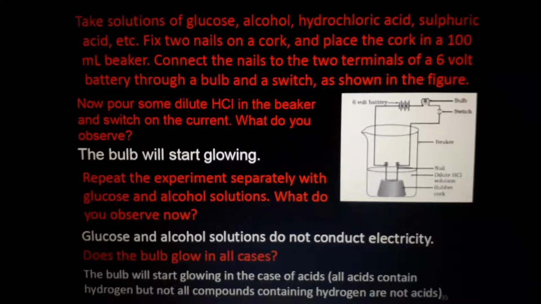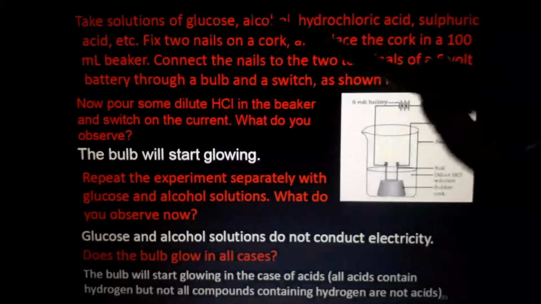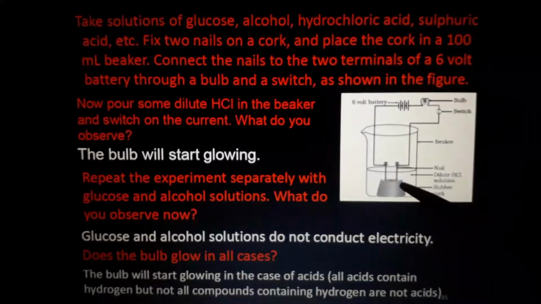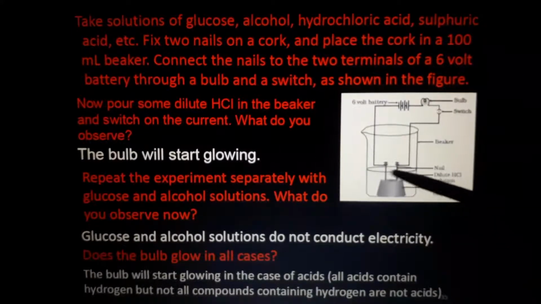In the formula, they look like acid, but they cannot release hydrogen ions. That's the difference. That's the importance of this part. It is also an application level. See, with glucose and alcohol, the bulb will not glow. If you are using hydrochloric acid, this circuit will become a closed circuit, because hydrochloric acid can conduct electricity.